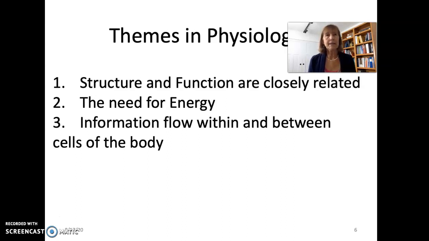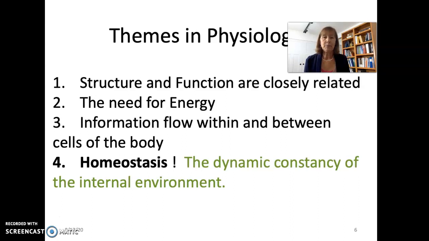We're also going to connect different systems. So number 3 here says information flow within and between cells of the body. Yeah, and the connection between something from the nervous system over to muscle, maybe. So physiology really crosses over these different systems, and we start figuring out how they work together.